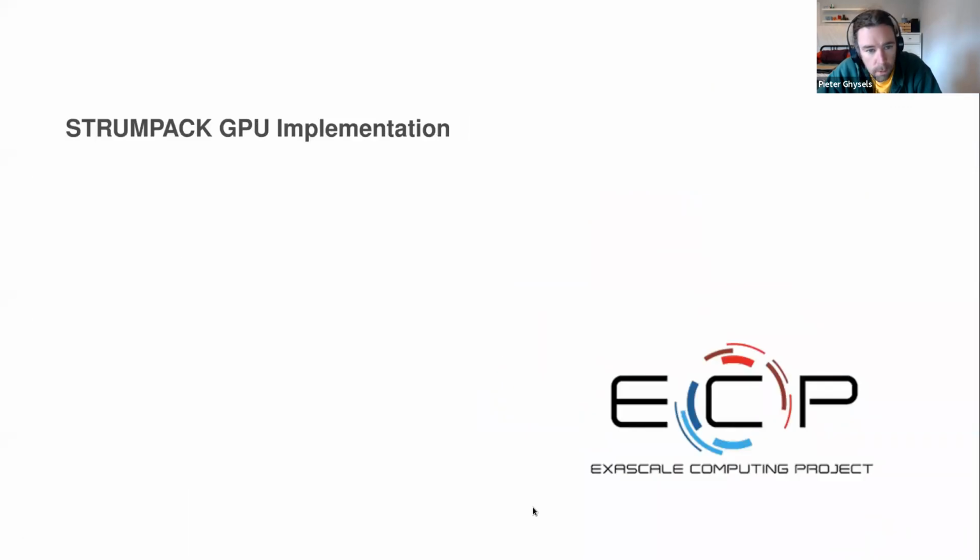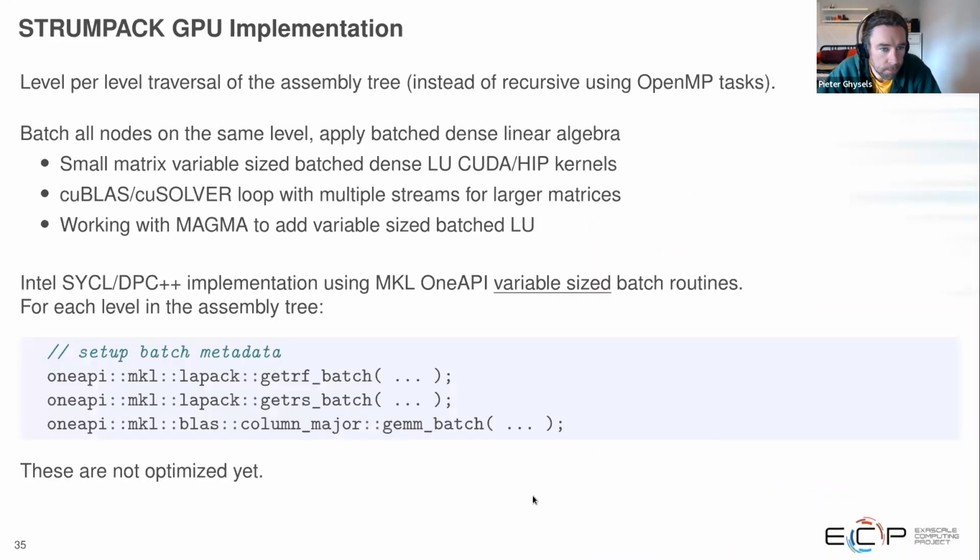Briefly about the GPU implementation in STRUMPACK. For the GPU implementation, we traverse the levels in the supernodal or separator tree, level by level instead of recursively traversing it. Then we can use so-called batched dense linear algebra operations to handle every node on the level with a single batched call.